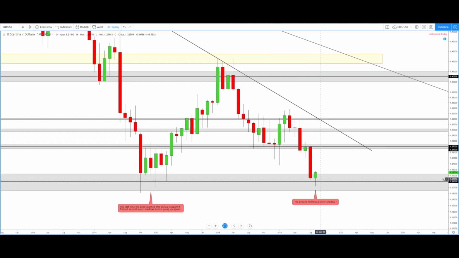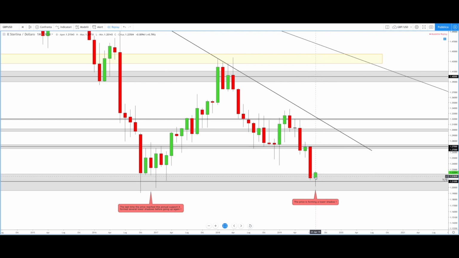But here we can see that the price, after reaching this key level, tried to go lower, but as explained here in my free PDF that I share with all our students, the price has formed this lower shadow, and this was a first signal that the price could react to this key level another time and start another bullish phase.